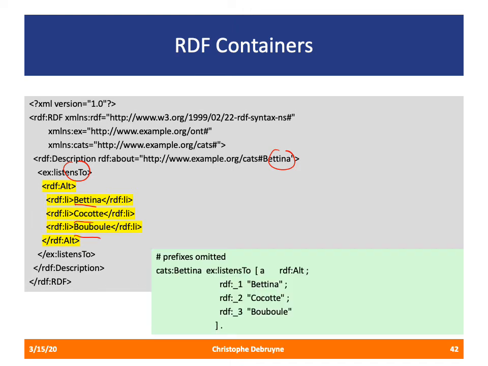In RDF Turtle, nothing really changes. Again, the only change is the type of the container. And again, we have those numbers which do not really mean anything. The only thing we know is whenever you look for that particular predicate, you have several alternatives to choose from.